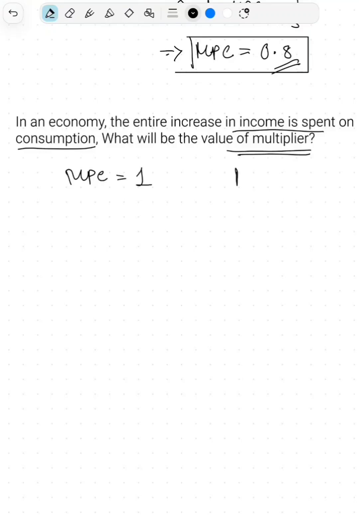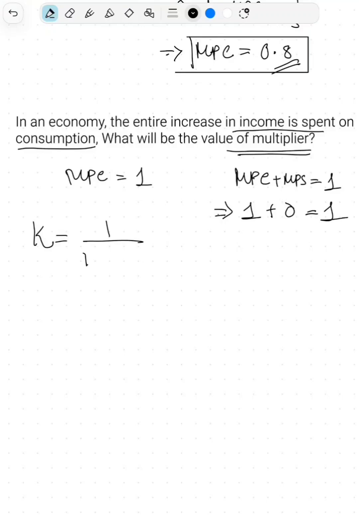Since we know that MPC plus MPS is equal to 1, if the entire income is being spent on consumption, that means this is 1 and we are saving 0. So MPC is equal to 1. Therefore, the value of multiplier will be 1 divided by 1 minus 1, because the value of MPC is 1.